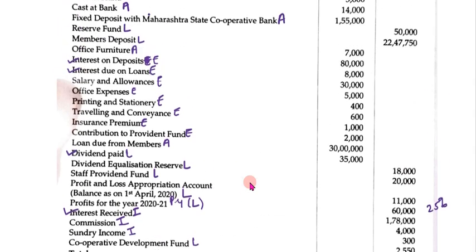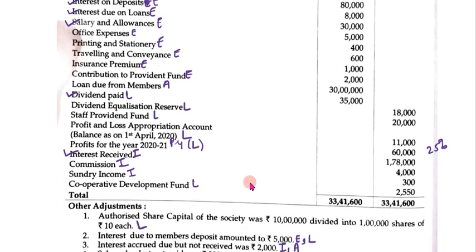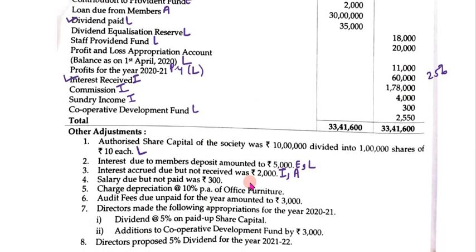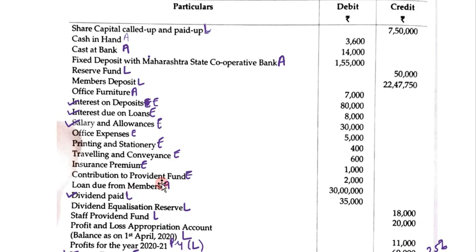So on salaries and allowances we have an adjustment, that is outstanding salary. So for salaries, the first effect on the expenditure side and the second effect on liabilities. Depreciation on office furniture: the first effect on the asset side, the second effect on the expenditure side. So tick mark office furniture.